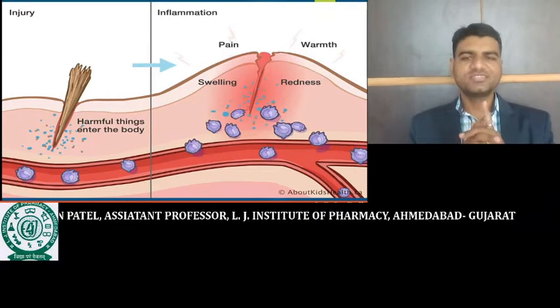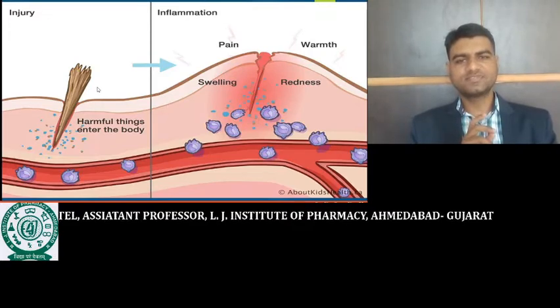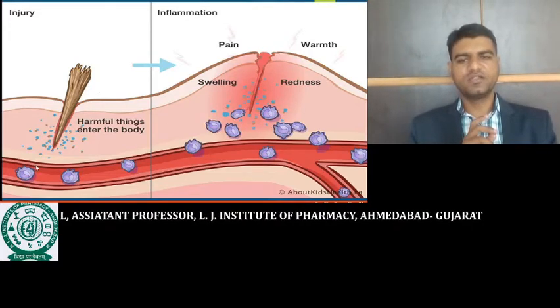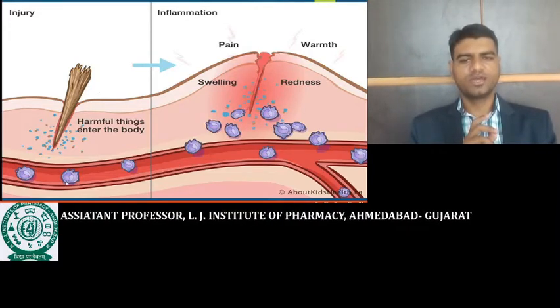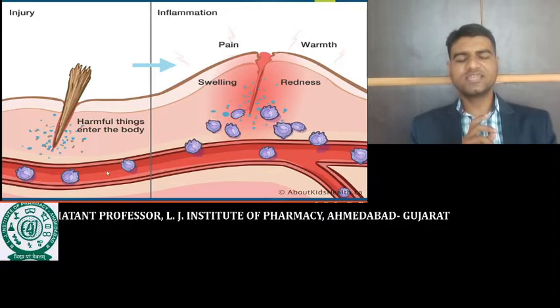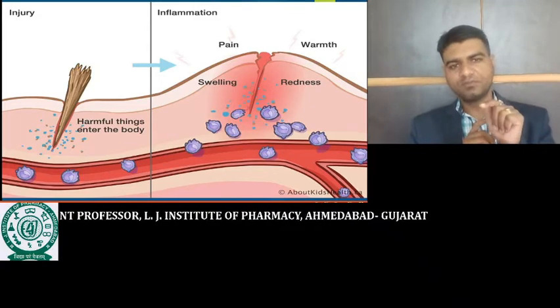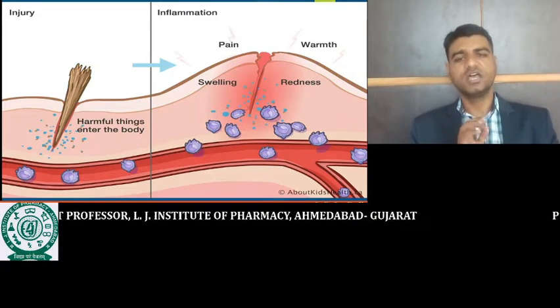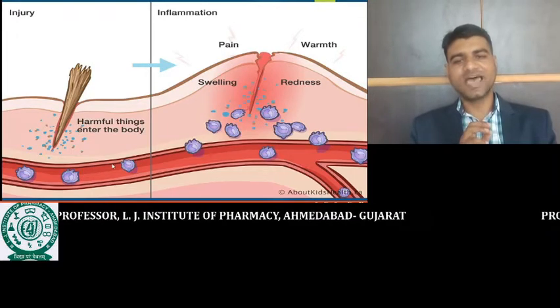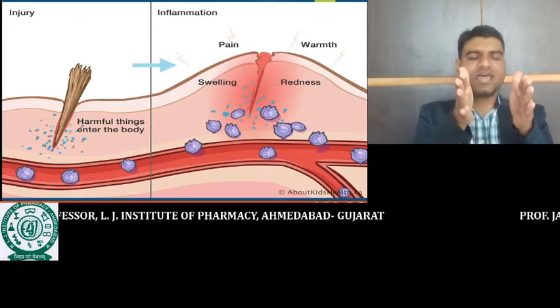The first step is vasodilation. This is the blood vessel in which the blood flows. In vasodilation, the blood vessels that carry blood to the particular part where the injury occurred are dilated.